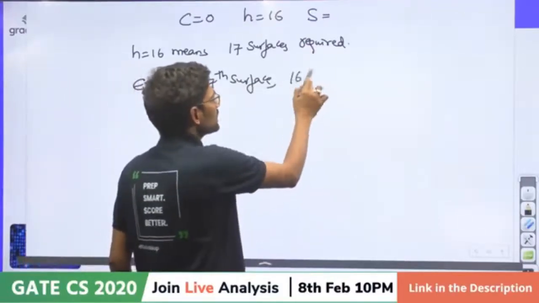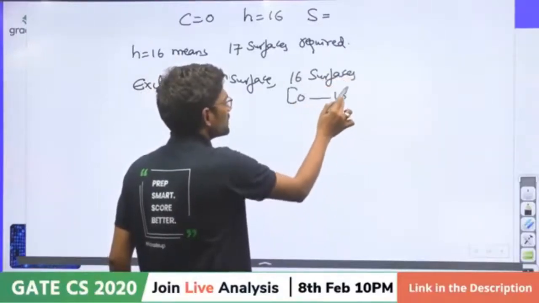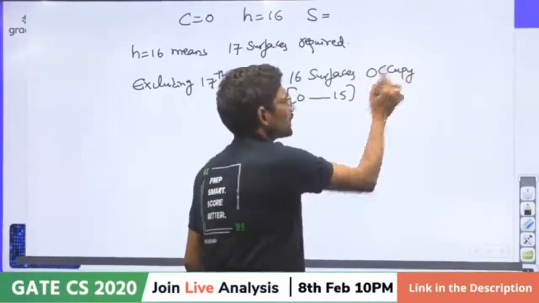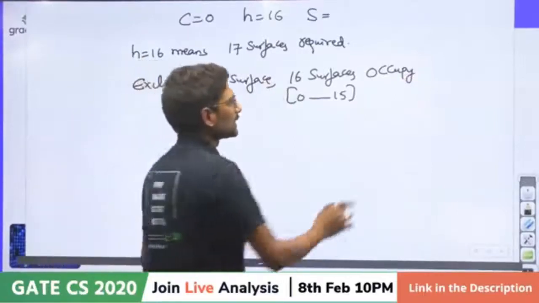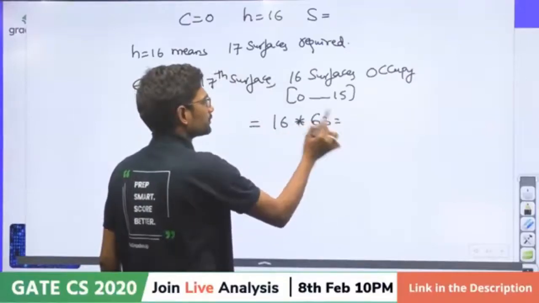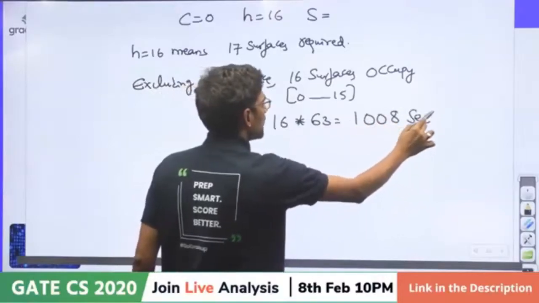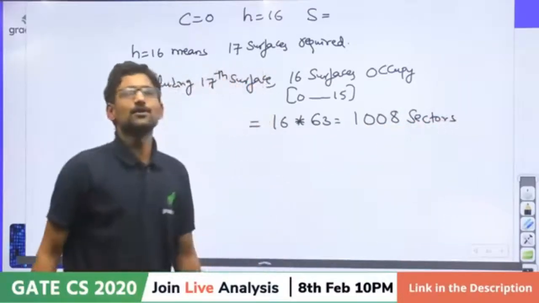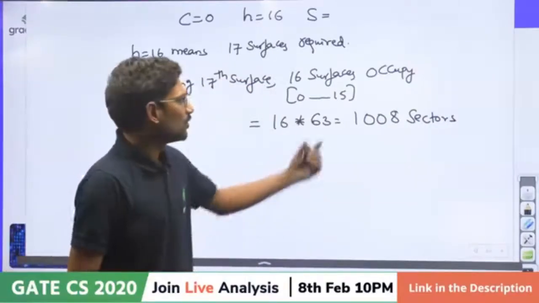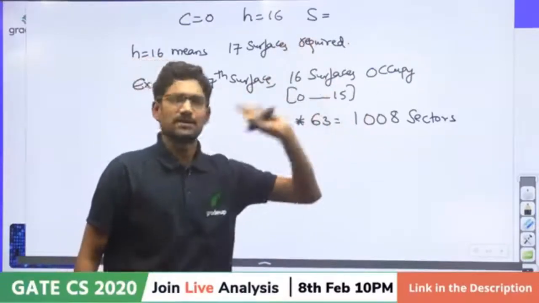So these 16 surfaces, that means surface number 0 to surface number 15, occupy how many sectors? 16 into 63, so 1008 sectors out of 1040 are filled in these 16 surfaces.